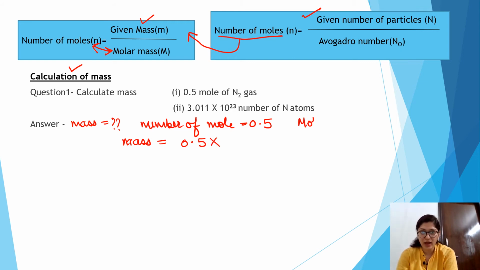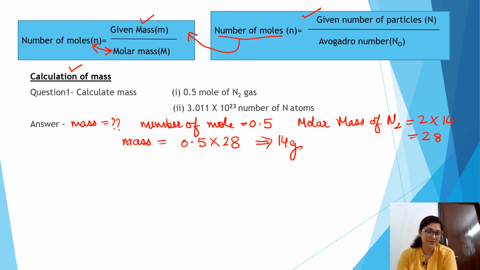So first we have to calculate the molar mass of nitrogen, which comes out to be 28. So here 28, so answer comes out to be 14 grams, right?